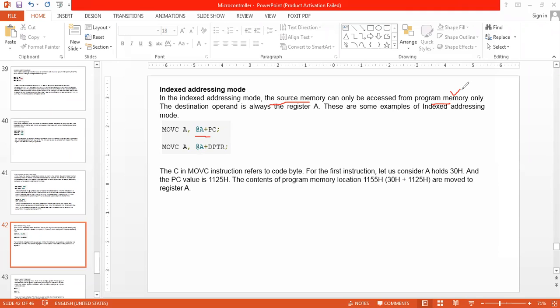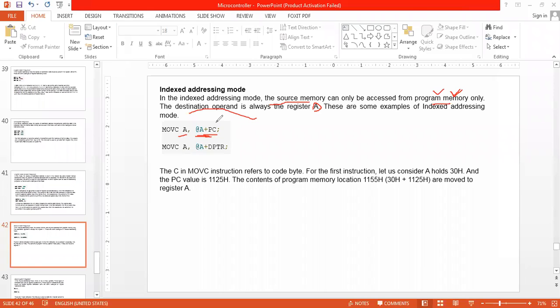So always the source should be from the program memory only, and the destination should be a register only. The source may be either internal ROM or external ROM.